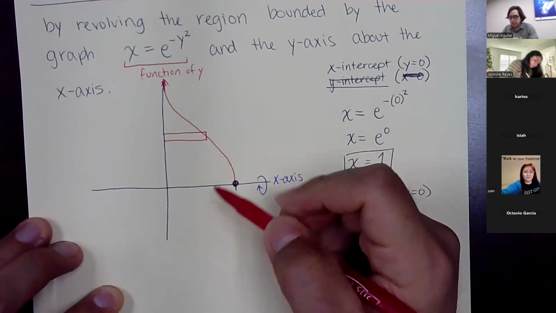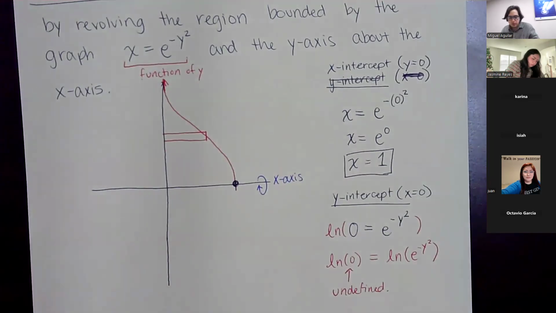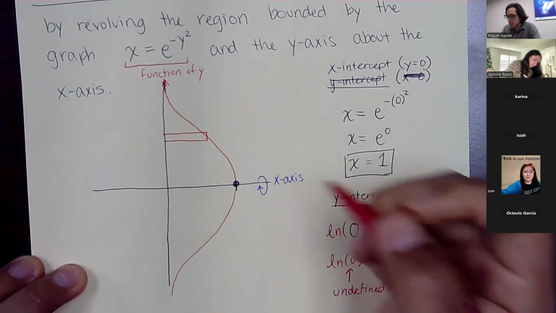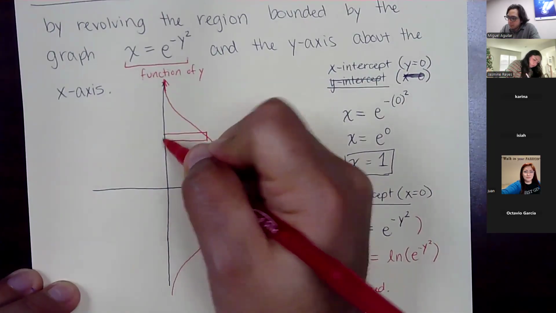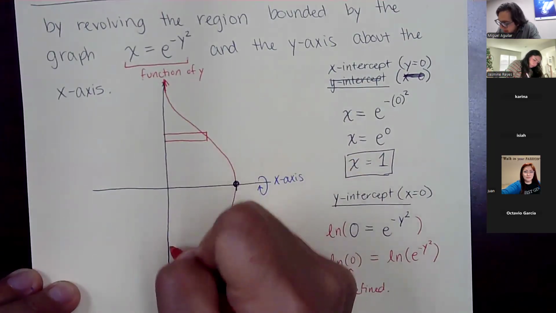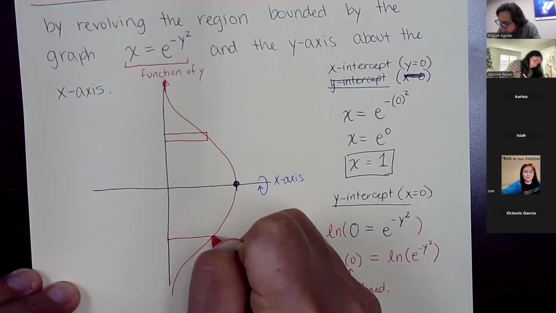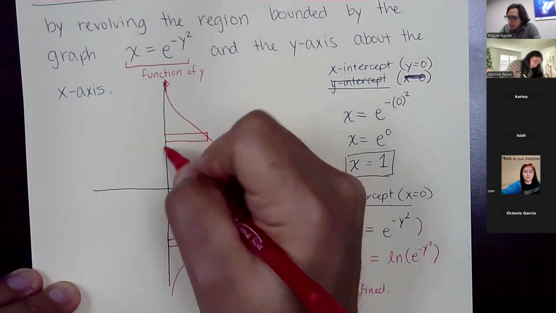If we're rotating about the x-axis, then we're rotating into what we usually would consider this negative space. So think about this bell-shaped curve continuing on down here. Now when we rotate this, we should have an image symmetrical going up here to have another rectangle, and we're just building that shell.